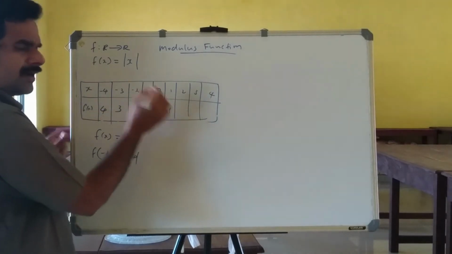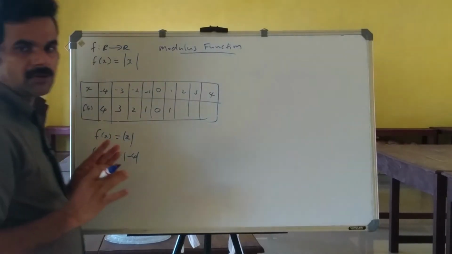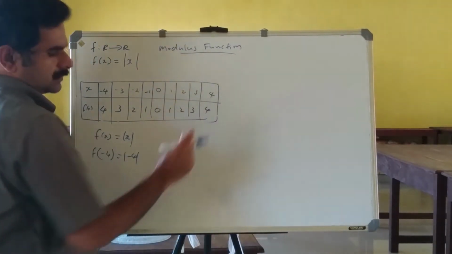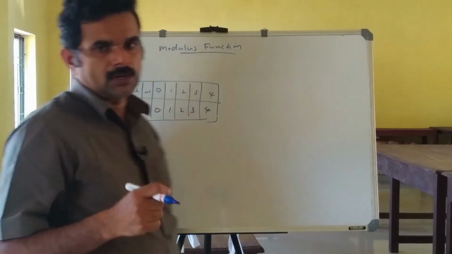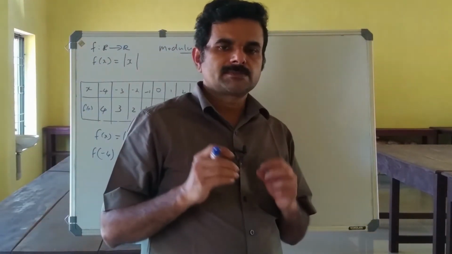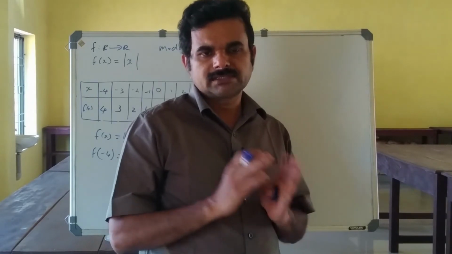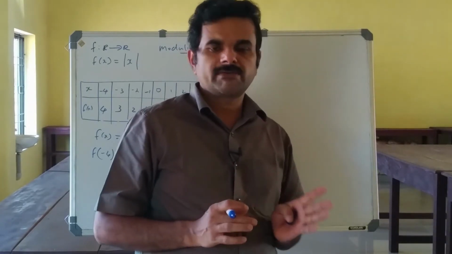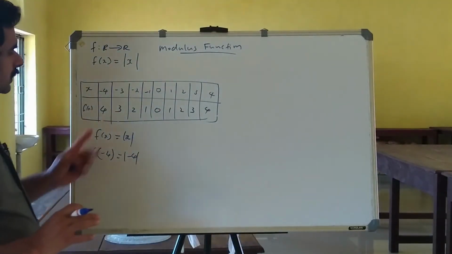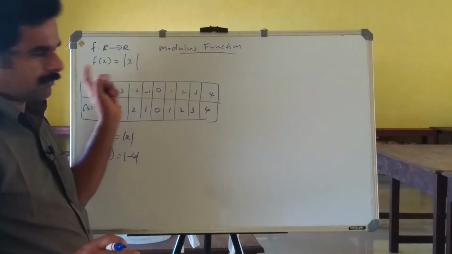Modulus of 1, 1 itself, because we are only taking the positive value. Modulus of 2, 2, and 3. That means the modulus of both negative and positive numbers is positive only. Modulus of 5 is equal to 5. Modulus of minus 5 is also 5. We have completed this column.